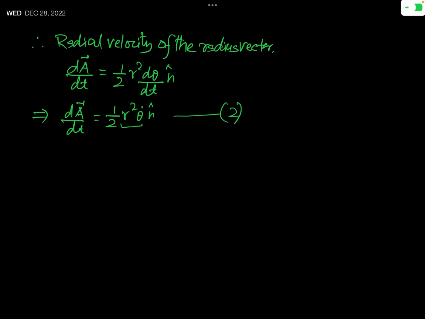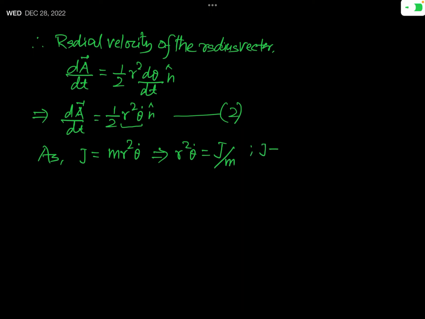Actually, this r square theta dot is simply the angular momentum per unit mass, because as you know, angular momentum J is given as m r square theta dot. You must remember it. So r square theta dot is J over m.